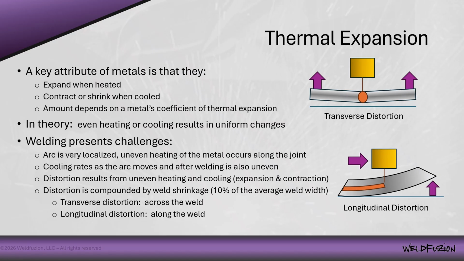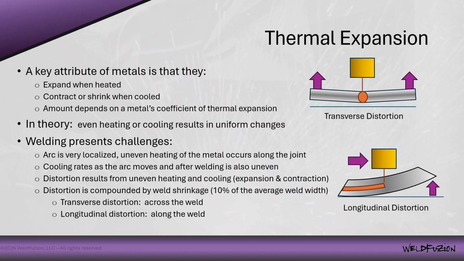To compound matters, your weld is going to shrink about 10% of its average width, pulling further and stressing the metal around the weld as it solidifies and cools. This is called transverse distortion, right? Or it occurs perpendicular to your weld, right? It's pulling up like a banana on the edges adjacent to the weld.